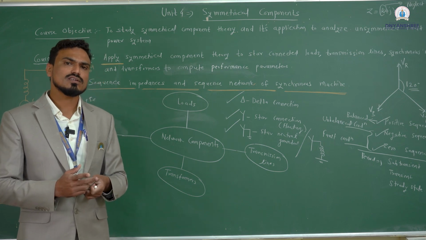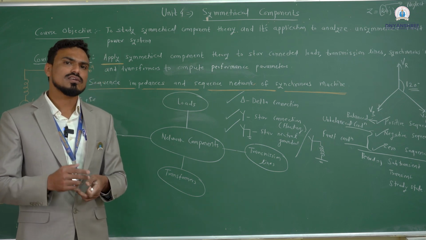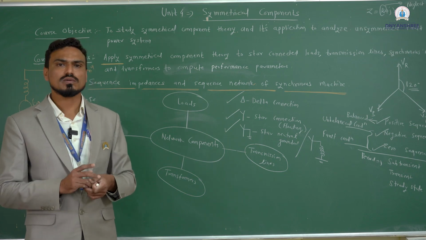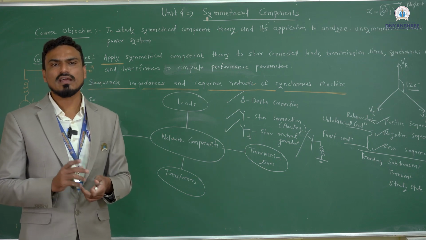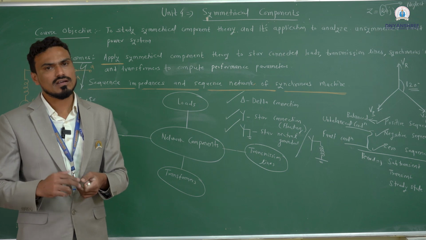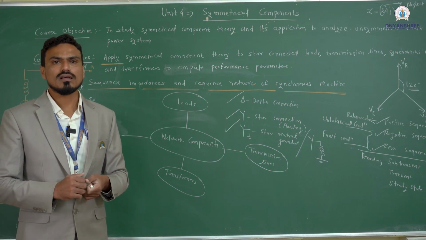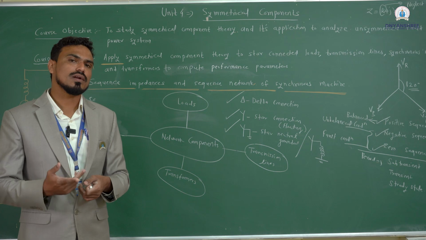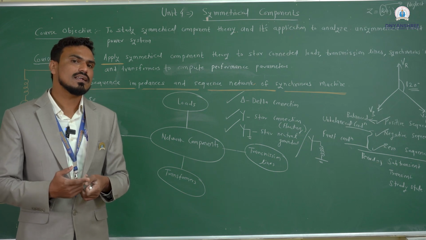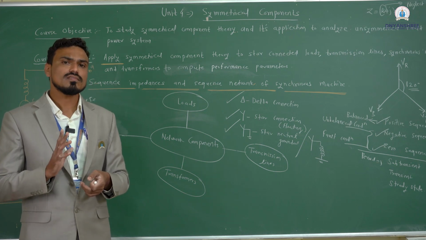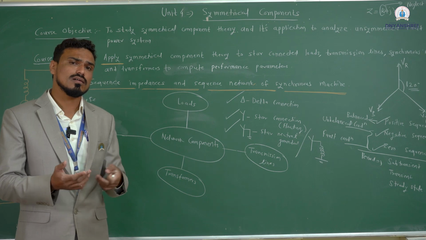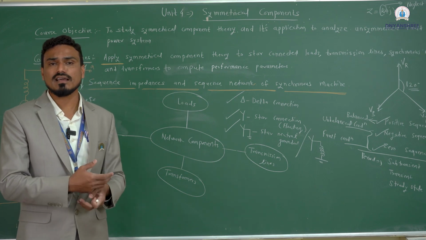The system current is always unbalanced, which causes unbalanced voltages also, because we don't have any control over the utility, our customers. The way they are switching the components and the devices is not in the control of the power generating company.